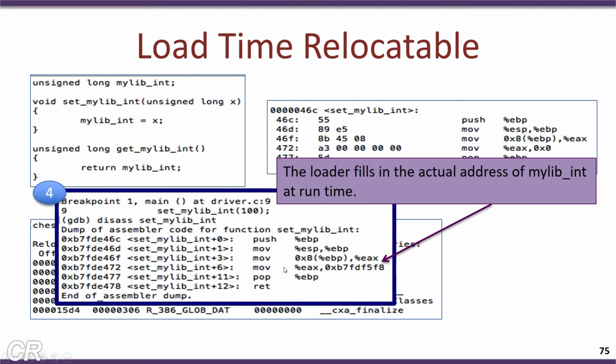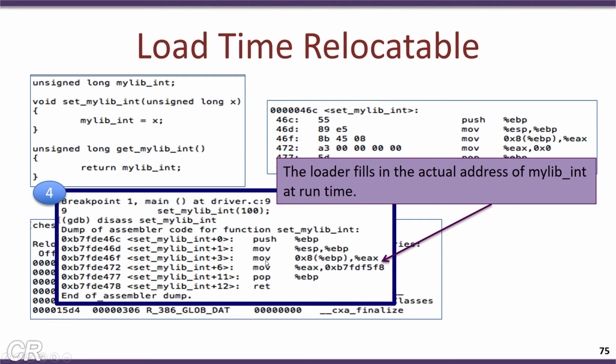So, notice that the loader has actually done its job. It has replaced 0 in this location with the actual address of mylib_int. Similarly, you could also check that mylib_int in get_mylib_int is also replaced to point to the correct address of mylib_int.